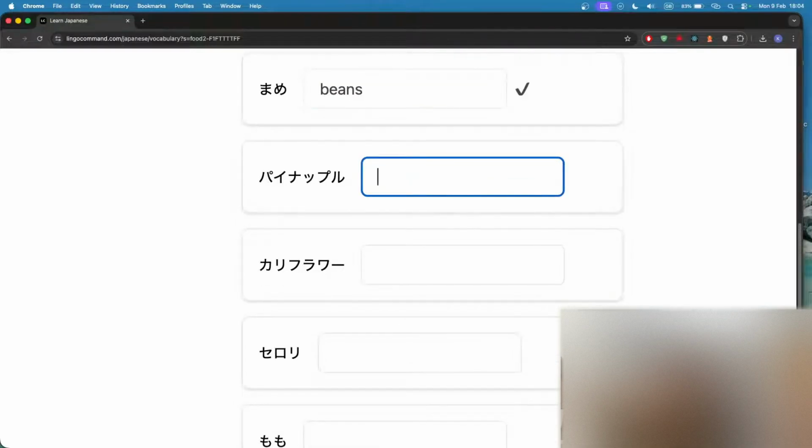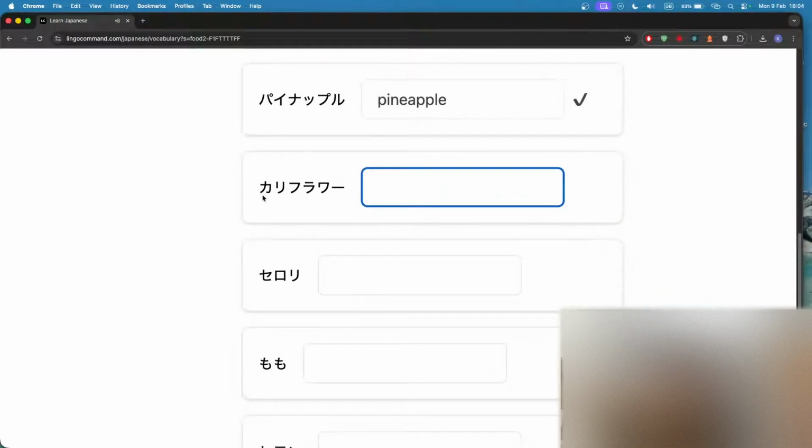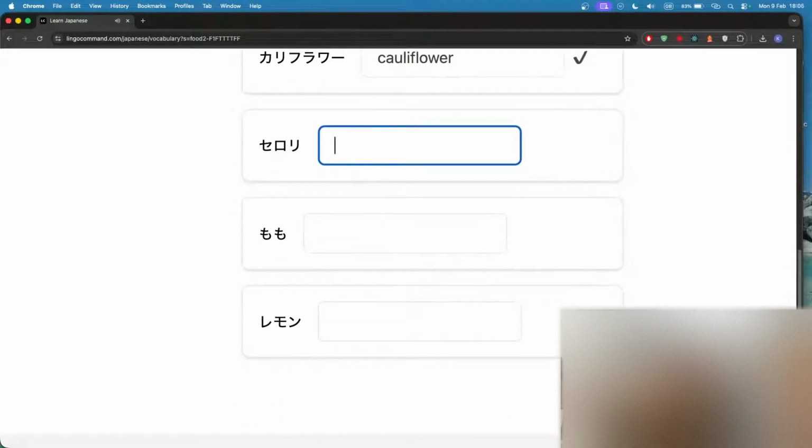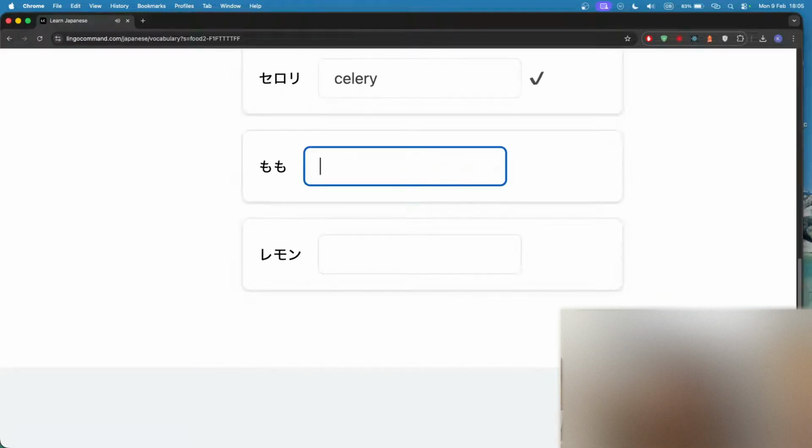Pineapple. Pineapple is pineapple. And then this is cauliflower. It's once again a katakana loan word, which means cauliflower. Serory is celery.